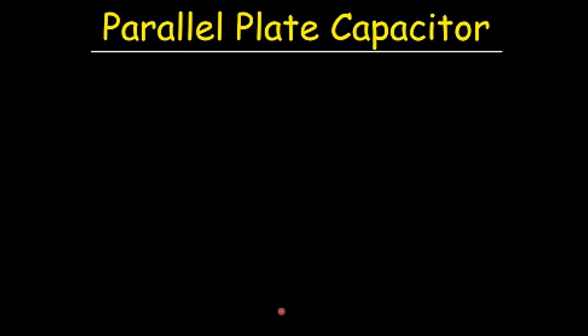A capacitor consists of two plates, and these two plates are conductors.